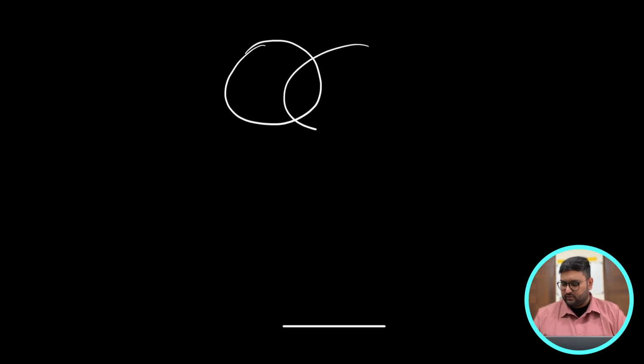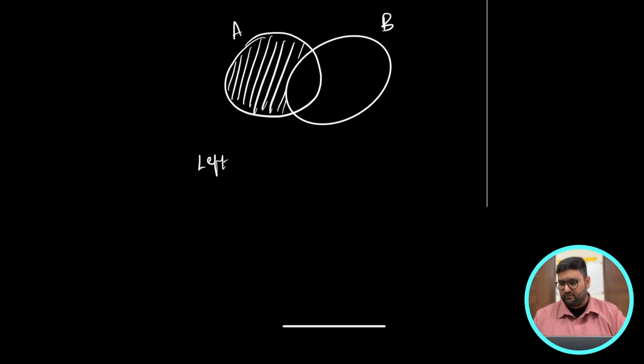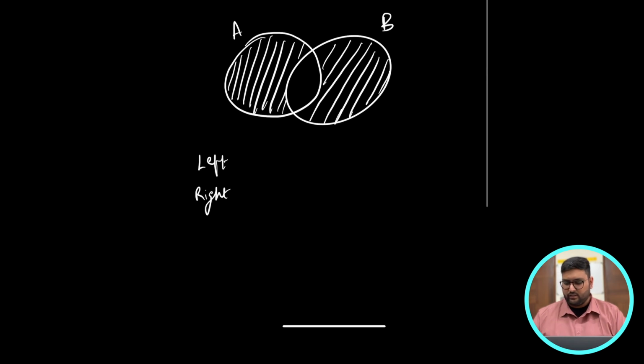We will understand it through a Venn diagram. So let's say this is your one circle, this is your second circle, and this is your table A, this is your table B. Now, a left join is this. Anything to the left, including what is not intersecting, is your left join. Right join is similar to left, where only the right part of your Venn diagram is included.